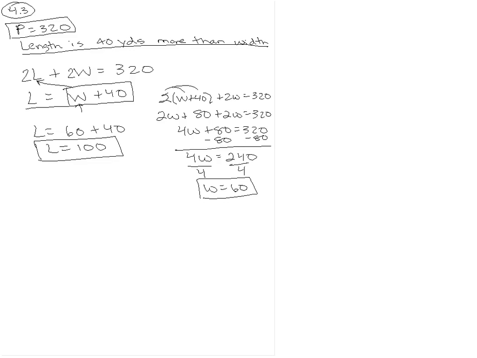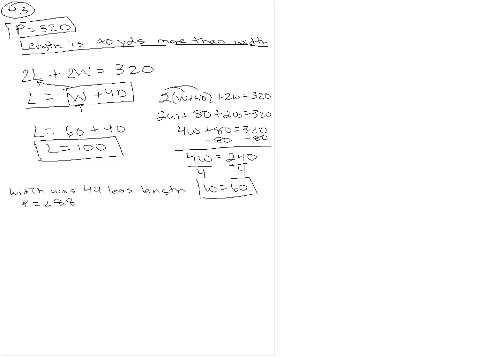length. So it says the width was 44 less than the length. Okay? Then it says the perimeter was 288. This is all in feet. What was the length and width of their basketball court?